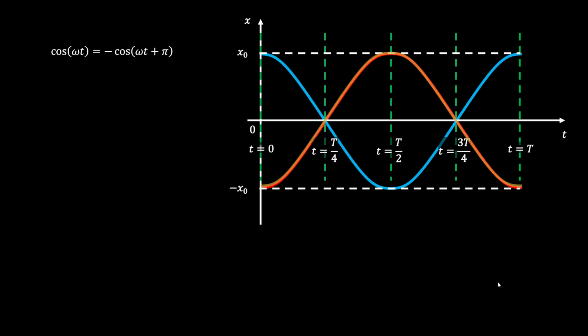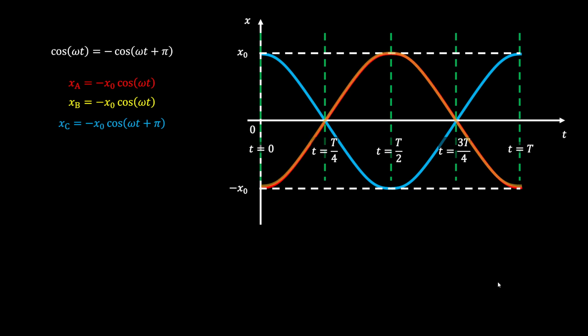In other words, we are saying that cos omega t is simply a minus cos omega t, which is advanced by an amount equal to pi. Based on that, we can write xA, xB and xC as follows. xA equals minus x naught cos omega t, xB equals minus x naught cos omega t, and finally xC equals minus x naught cos of omega t plus pi.